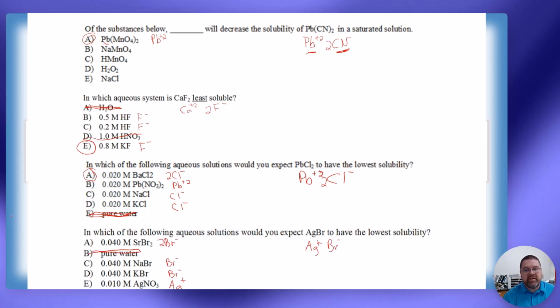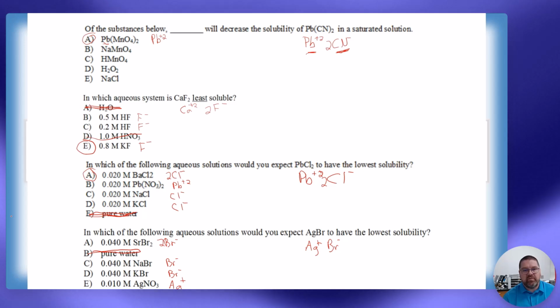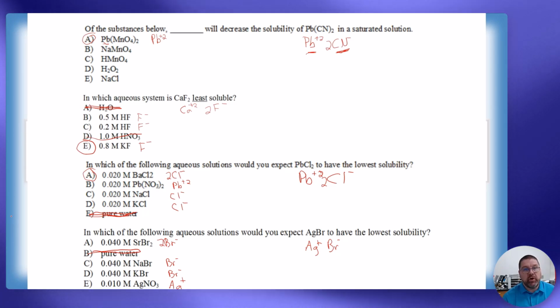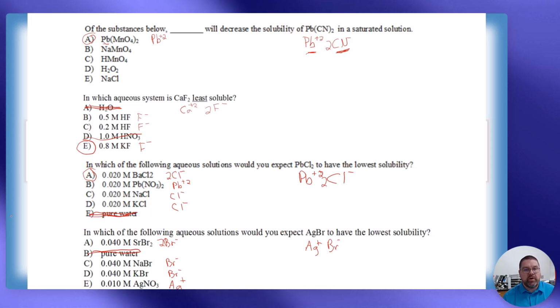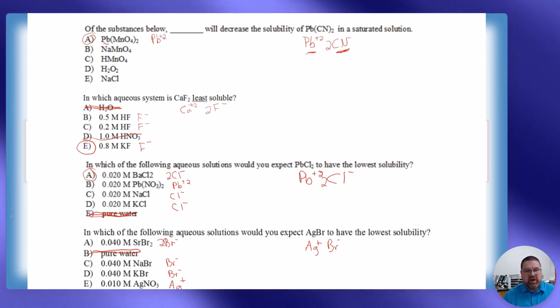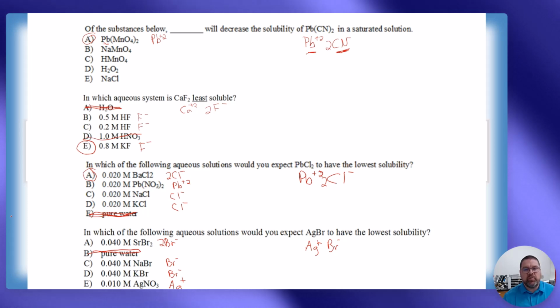All right, for the last example, I went ahead here and kind of broke things down a little bit. We know that silver bromide, we're going to be looking for common ions of silver and bromide, and looking at the formulas for the substances, the solutions that we would be putting the silver bromide in. We can see the common ions that are produced. Pure water is excluded because, again, there's no common ions present.